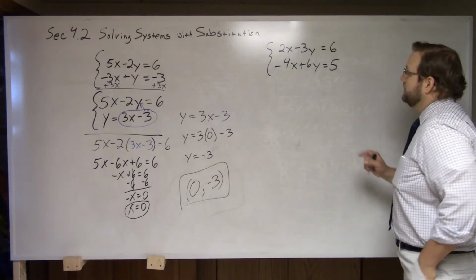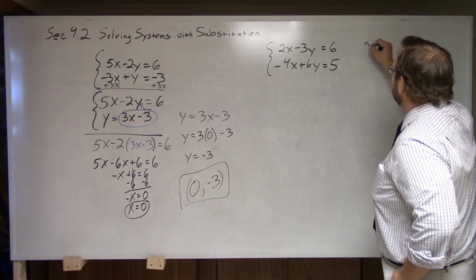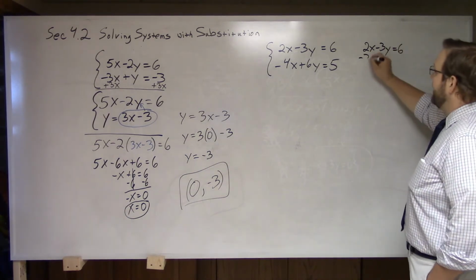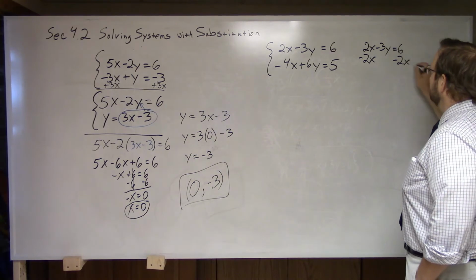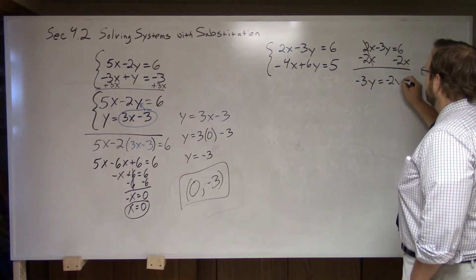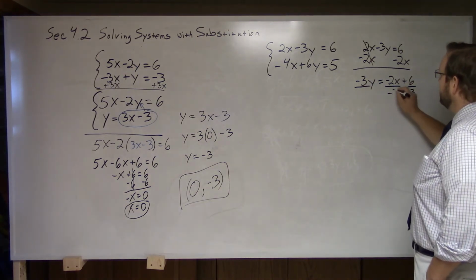Okay, so let's solve this top one for y. So I'm going to go off to the side. I'm going to have a 2x minus 3y equals 6. I'm going to subtract the 2x. And then divide everything by negative 3.